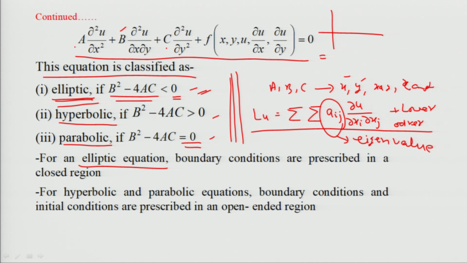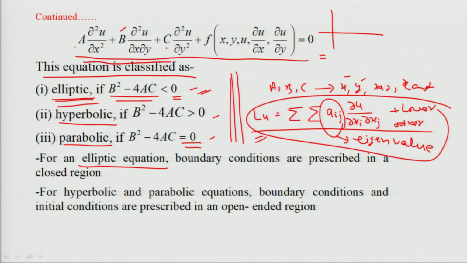We solve this coefficient matrix for the eigenvalues, and with the help of the sign of the eigenvalues we can describe the nature of such a differential equation. In this lecture we are not going to discuss this; we will take only the case of such a differential equation in which two independent variables are given.